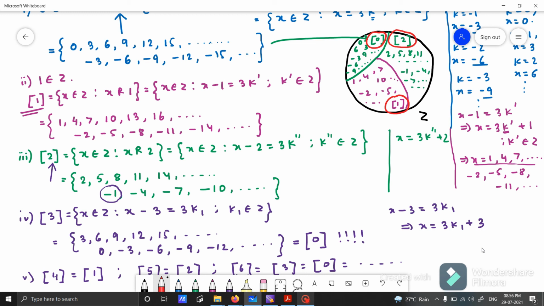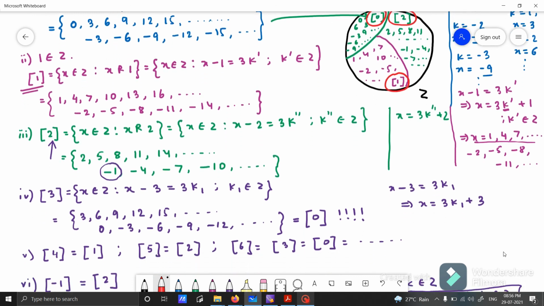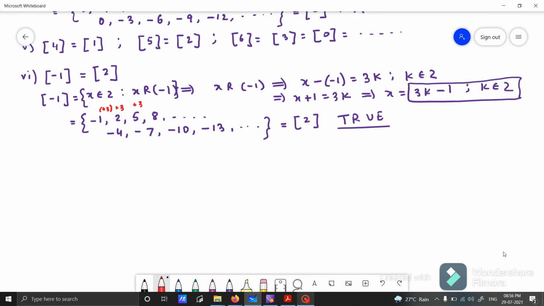And after that you will get no new equivalence classes. So that is a very interesting thing that happens whenever an equivalence relation is defined on a set. Here I have taken the particular set Z because you are familiar with Z, but it can be any set. So ultimately that is the conclusion: any equivalence relation R on any set A partitions the set A, and the number of such subsets in the partitioning will depend on the definition of R.